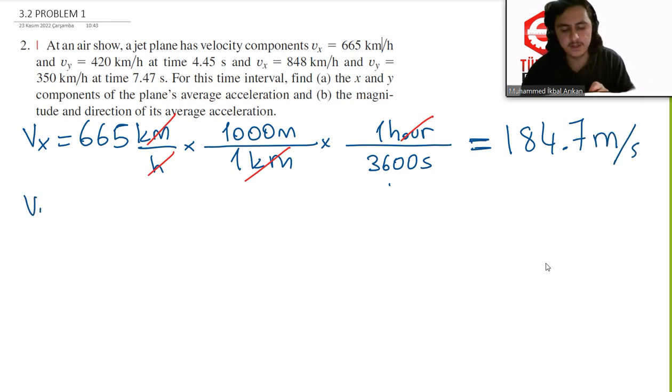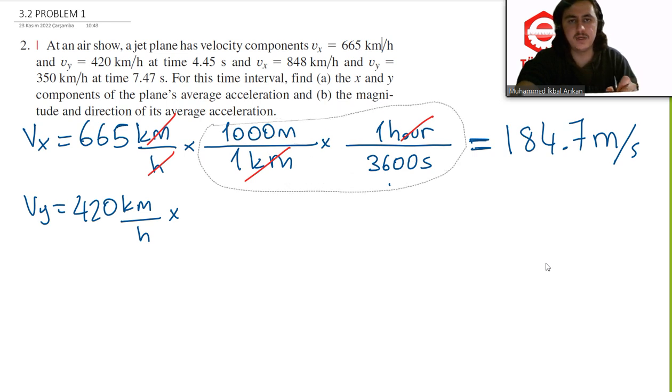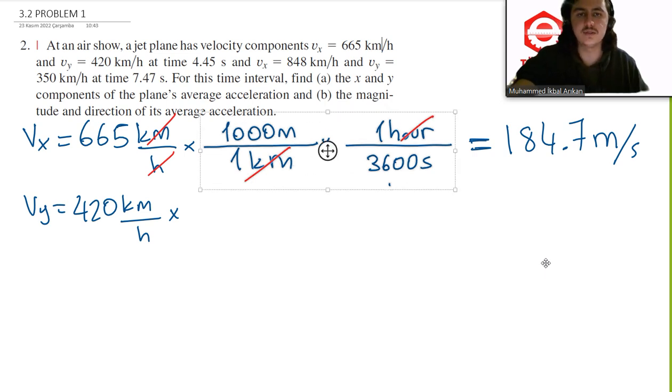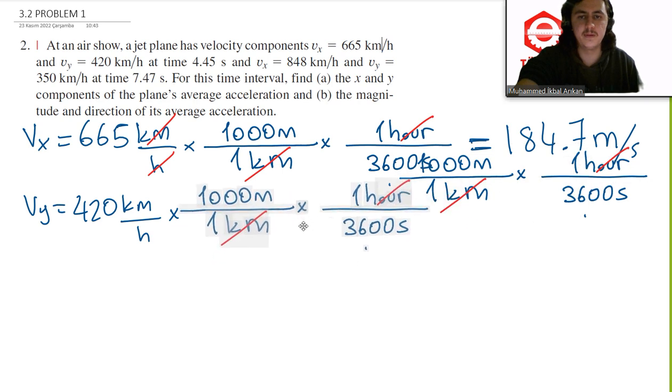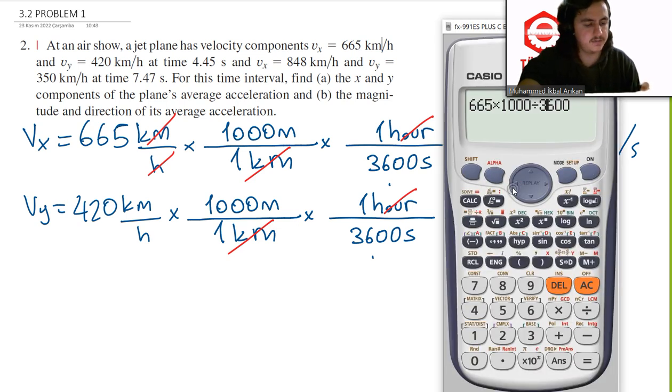What about Vy? It is 420 kilometers per hour. We will use the same multiplication, so I will just copy paste. I must use SI units, so I just change this one.